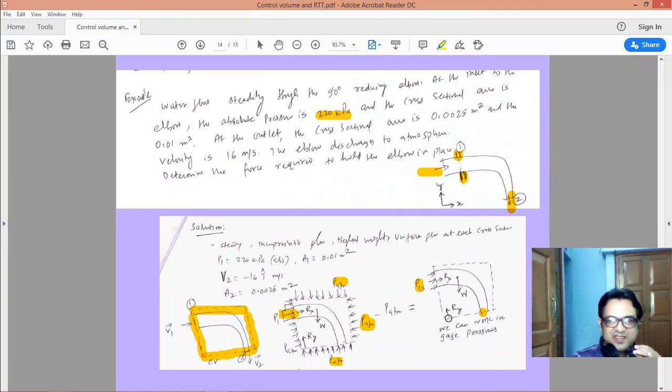And Rx, Ry are the two components of the reactive force due to this mechanism, which are helpful for holding the elbow in position. So finally I will apply the momentum equation to this control volume. So we are basically doing the force analysis at gauge pressure.